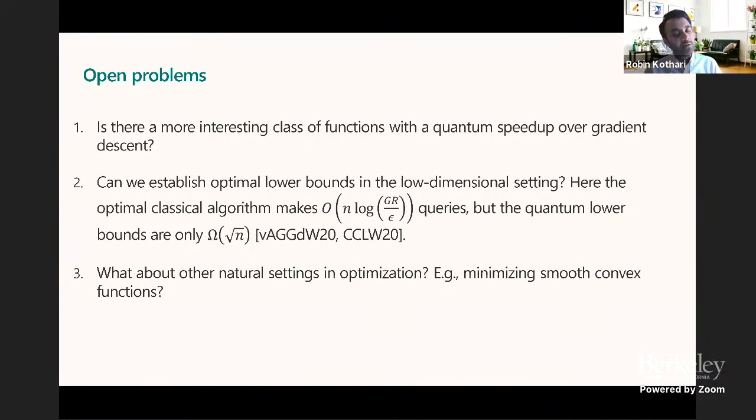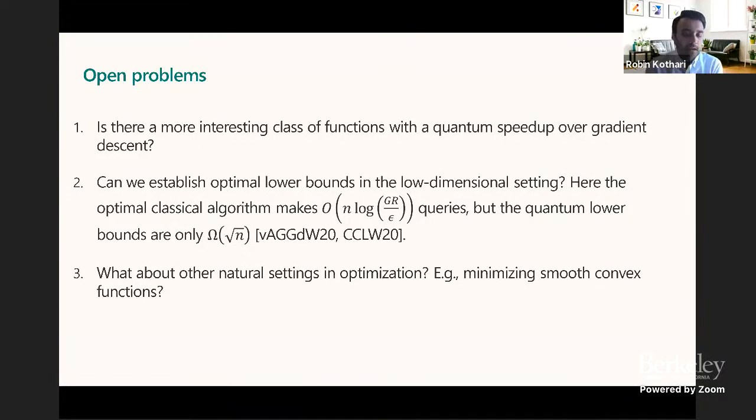And there the interesting question is, what's the best quantum algorithm for that setting? All we can say right now is that there's a lower bound of root n, but there's a gap between this root n and n. And this lower bound of root n was only recently shown in this paper of Van Apeldoorn, Gilyén, Gribling, de Wolf, and also in an independent paper of Chakraborty, Childs, Lee, and Wu from last year.